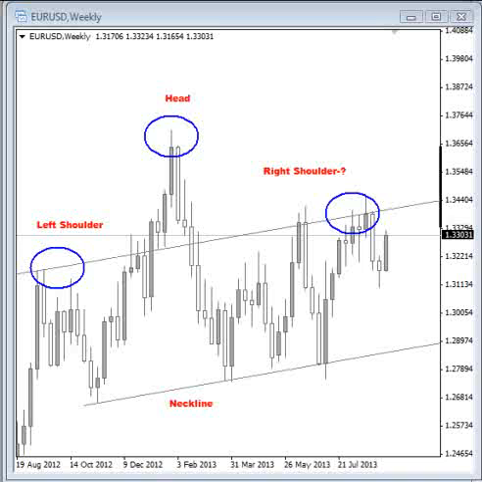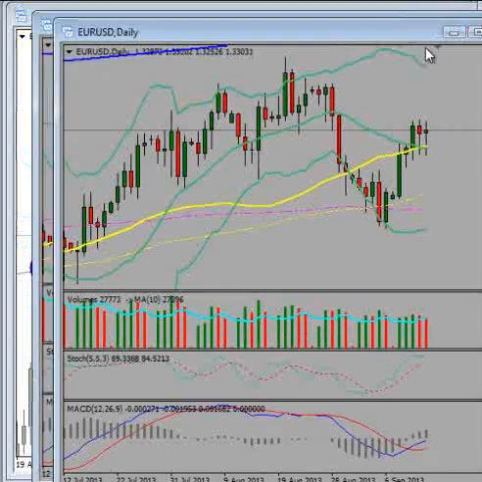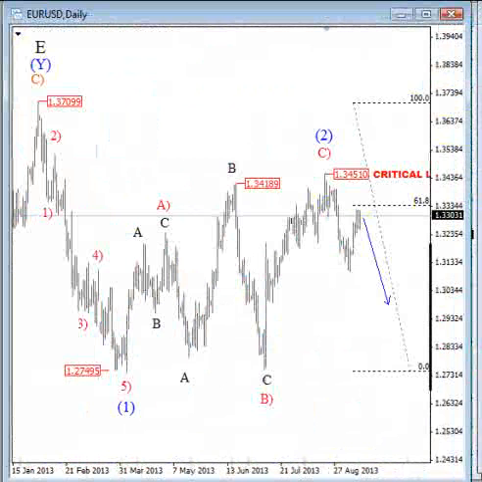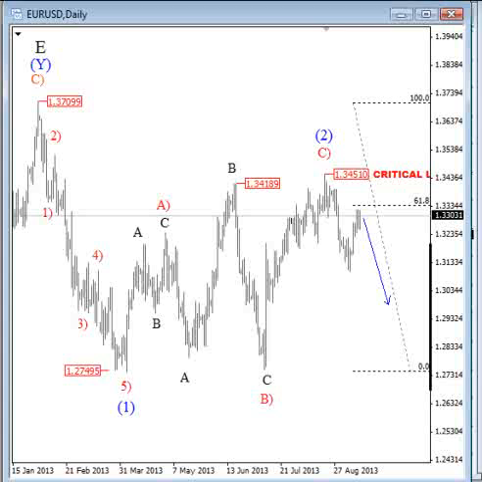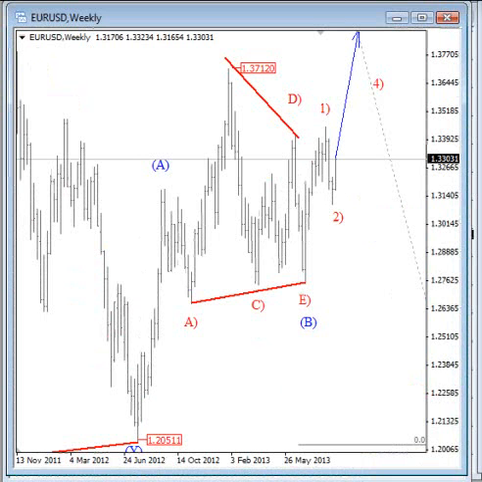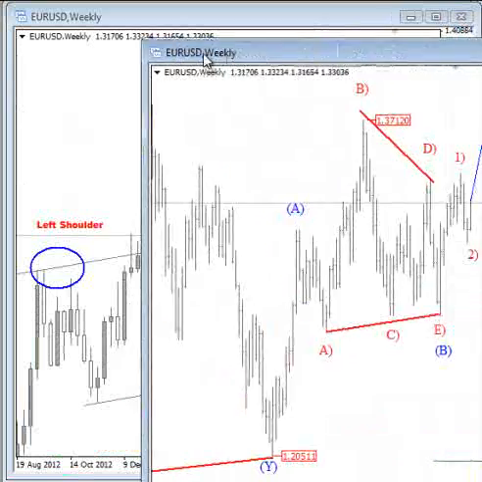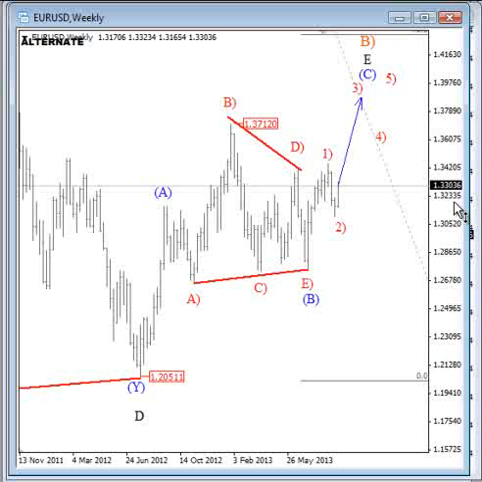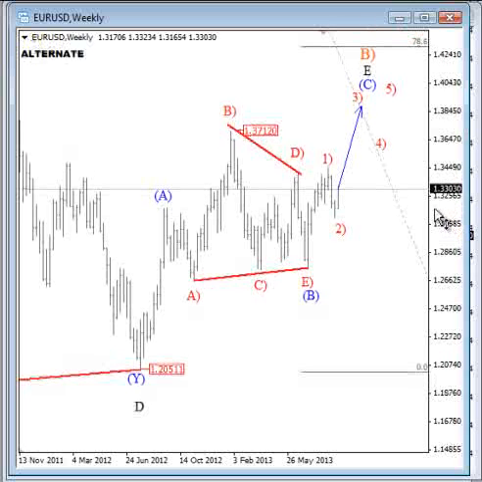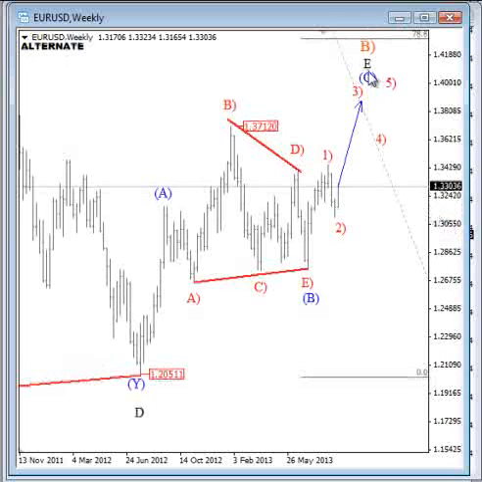Just let me find the wave count here. Okay, here it is.